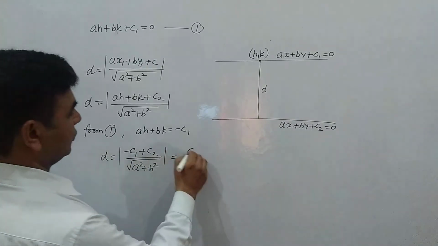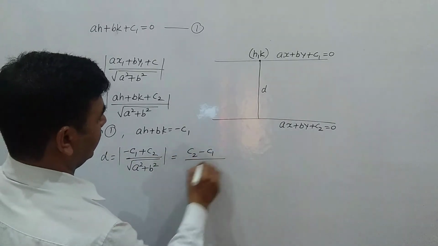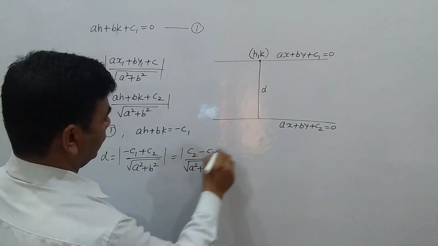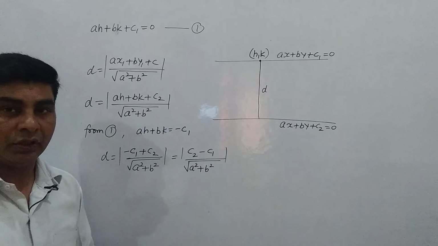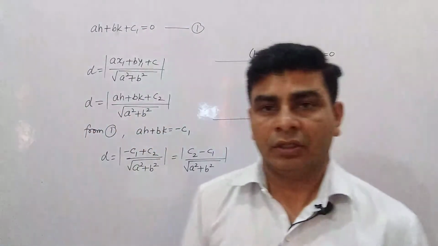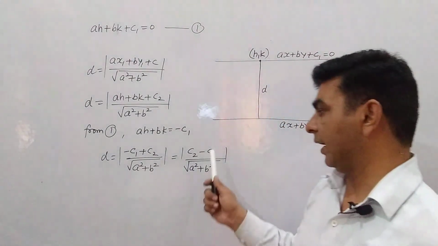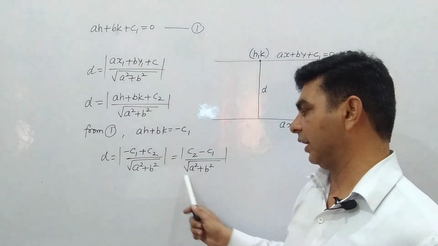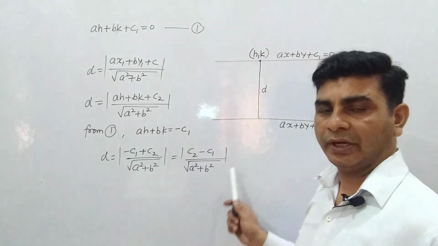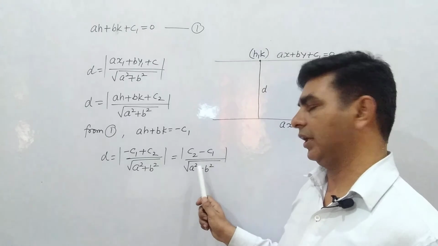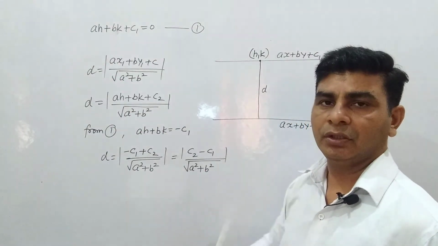Or simply this is c2 minus c1 over the square root of a square plus b square, and the modulus is also there. So dear students, this is the formula to find the distance between two parallel lines. अगर आपको दो पैरेलल लाइंस के बीच की डिस्टेंस निकालना है, then it can be found through this generalized formula: c2 minus c1 upon the square root of a square plus b square.